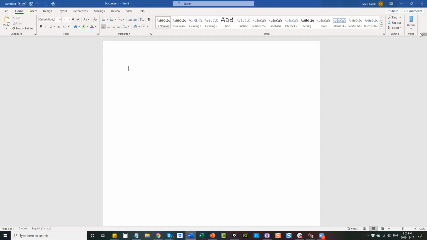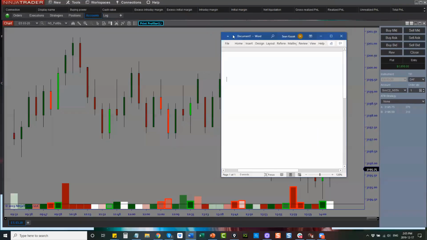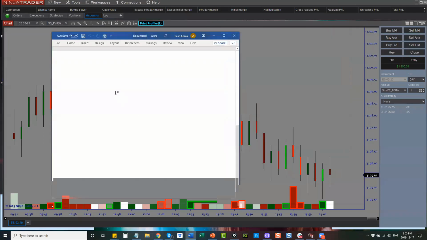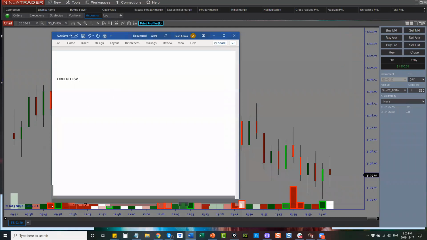We're going to call this the order flow cheat sheet. Number 1, net delta trumps individual price aggression.